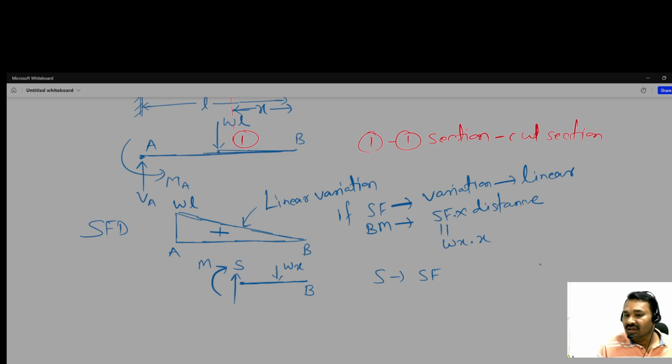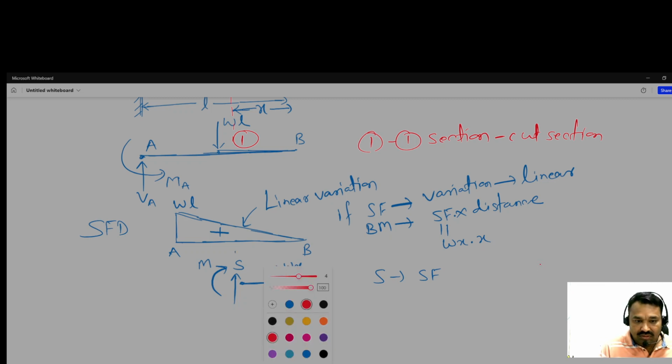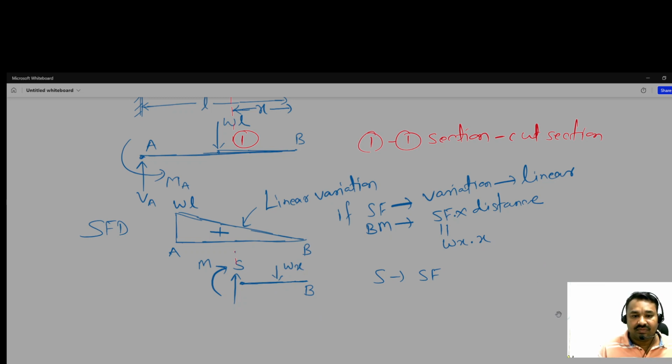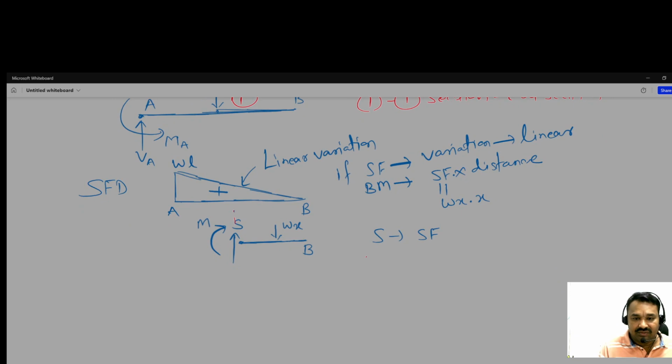Suppose we take moment about B, summation of moment is 0, and the sign convention we are taking is clockwise minus.